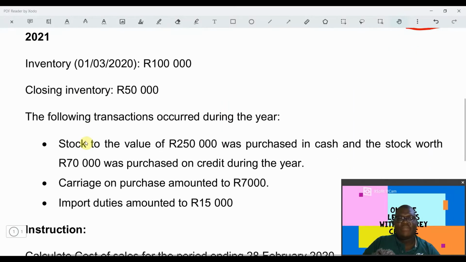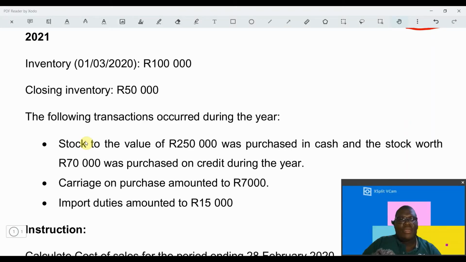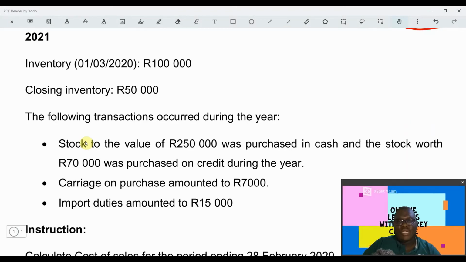We have to check first if there's any return that was made during the year. They're saying that stock to the value of 250,000 was purchased in cash, and stock worth 70,000 was purchased on credit during the year. The next transaction: carriage on purchase amounted to 7,000, and import duties amounted to 15,000.